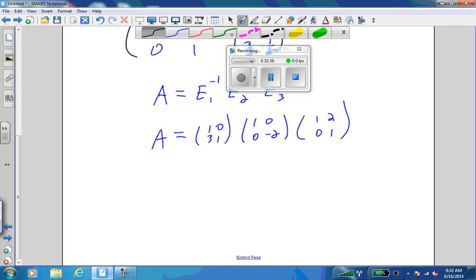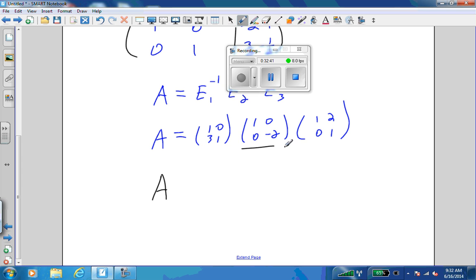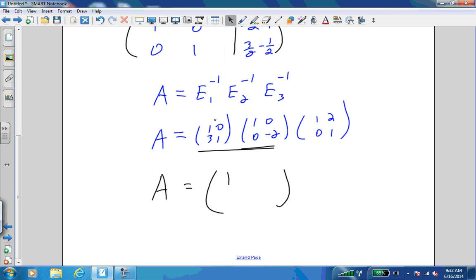So if we want to check to see if this is correct, let's just multiply the first two together. We're going to do row times column, so 1 plus 0. Row times the second column, so 1 times 0 is 0, 0, so 0 plus 0 is 0. Second row, first column, so 3 plus 0. Second row, second column, so 0 minus 2.